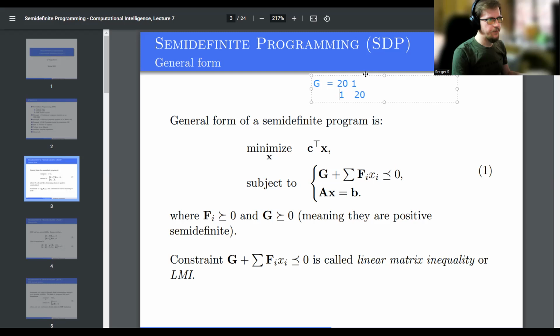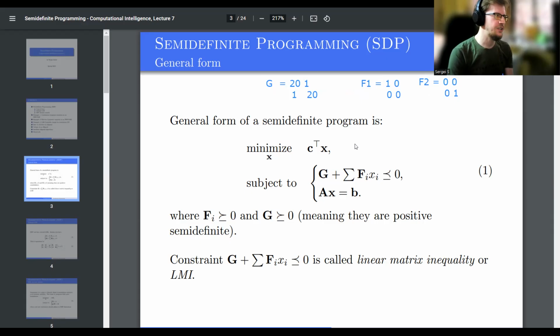In this case, you can choose X1, X2 to be equal to -30, and together this sum would be equal to the matrix -10, 1, 1, -10. And that hopefully is negative semi-definite. That is just from the top of my head. And in a minute, you will see that we don't usually think in terms of X here, but this is kind of how I would interpret this problem.